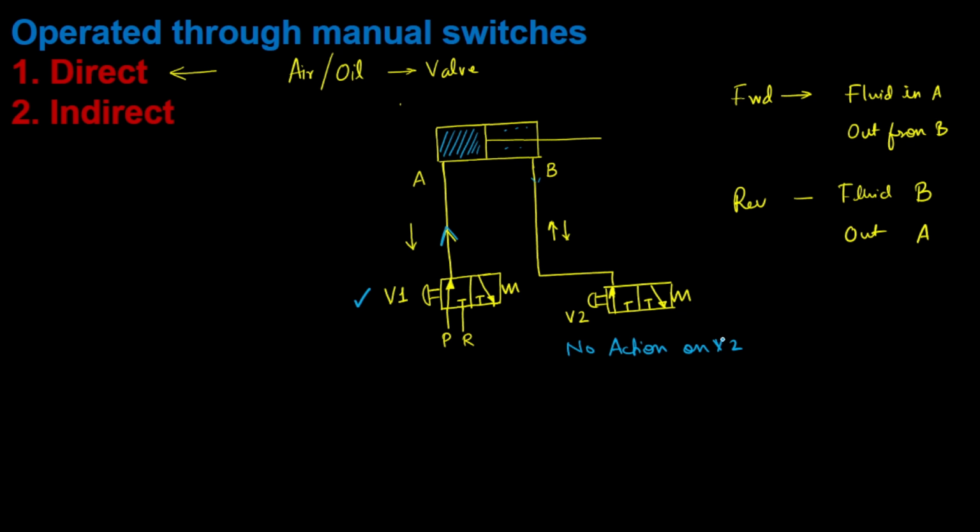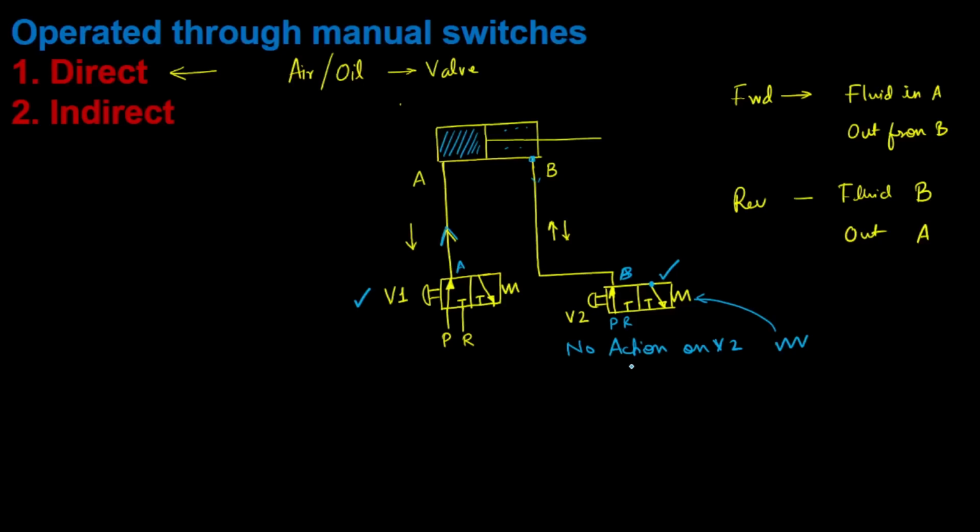So when we have no action on V2, the spring will take care of this particular position. And in this position what you see, this particular line is getting attached here, and it is going to the vent. It is P, R and A, or we can even write B also.